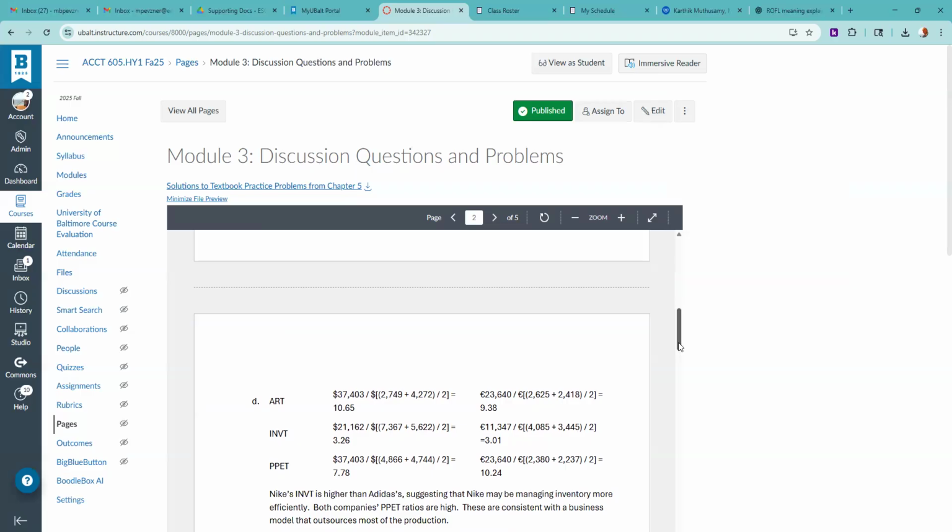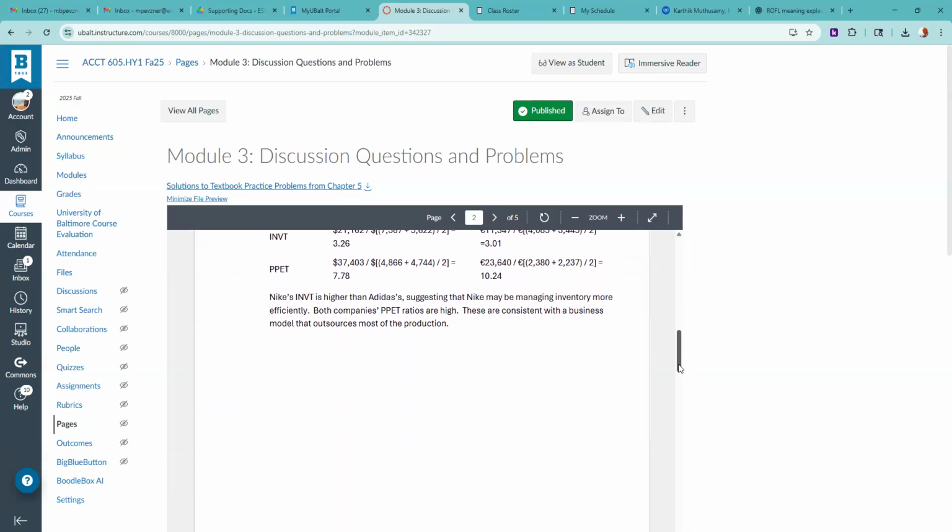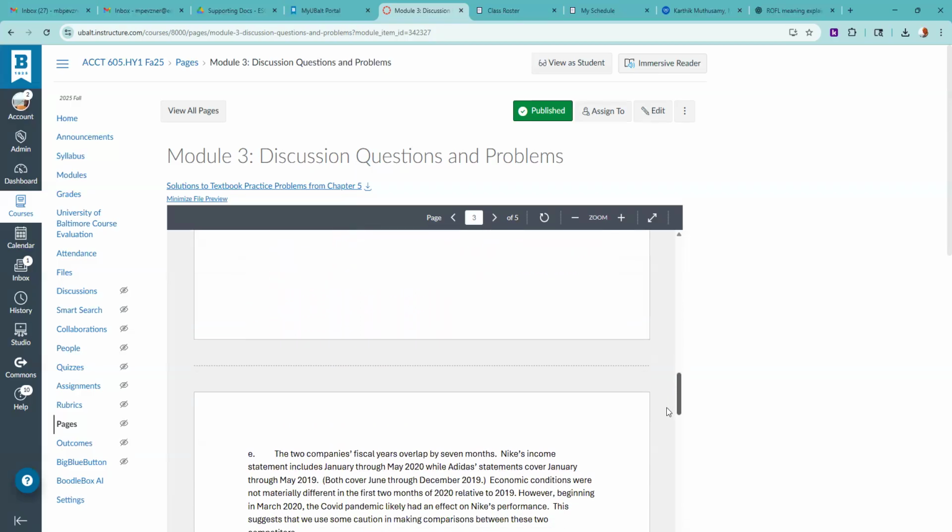So overall, one could argue that the efficiency ratio is very important because it shows how efficient your long-term investment is. Receivables and inventory are short-term types of assets, the current assets. But in terms of overall profitability, both companies have lots of factories, and so it's important to really squeeze as much as you can out of your sales.